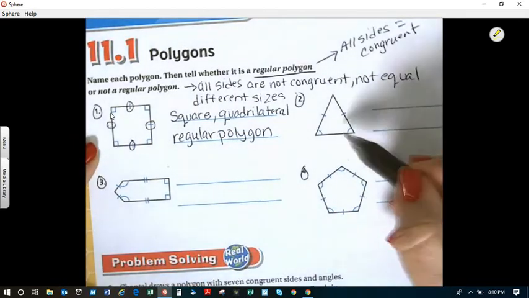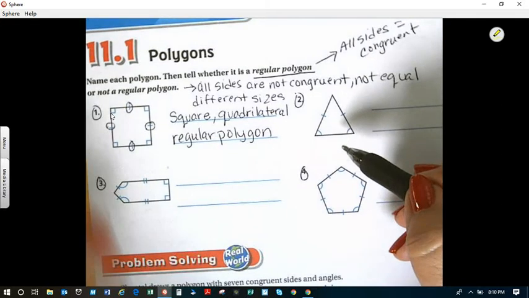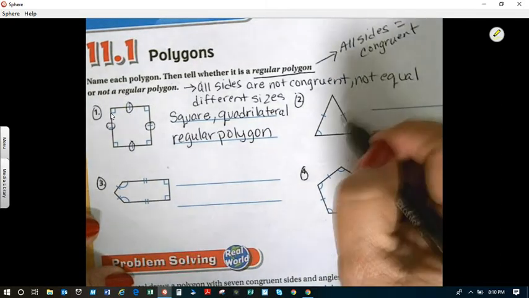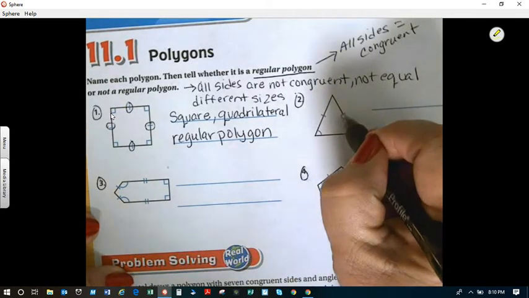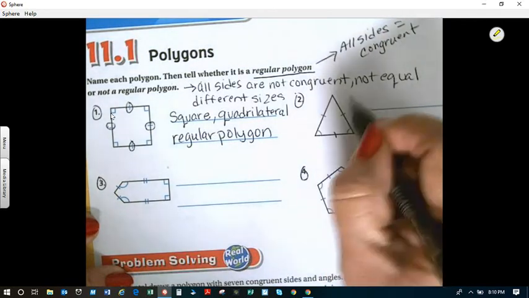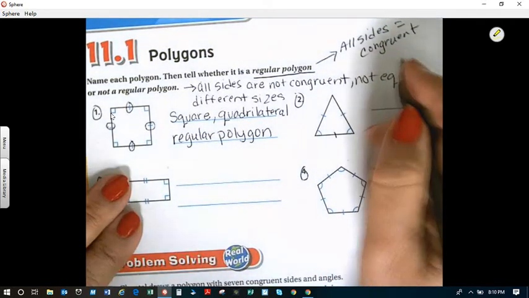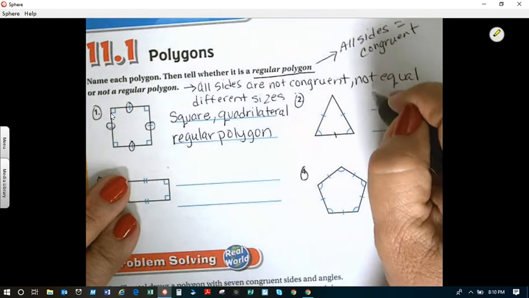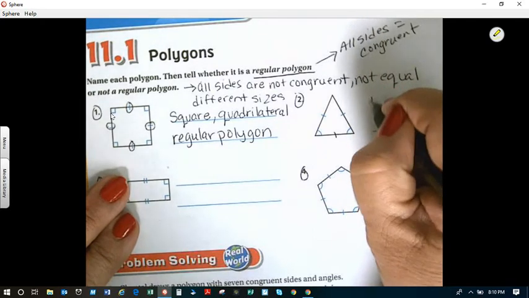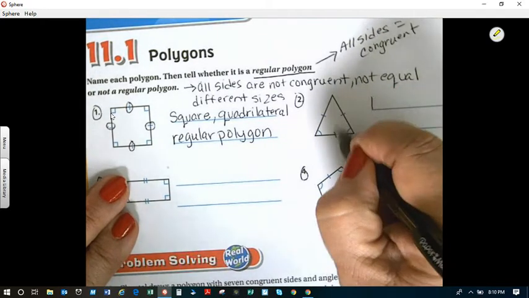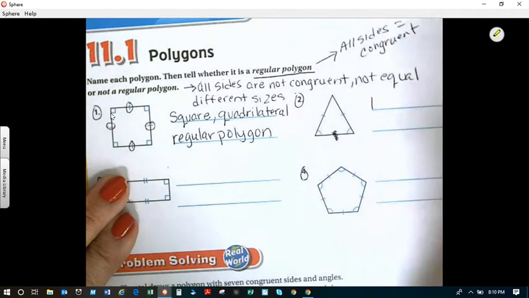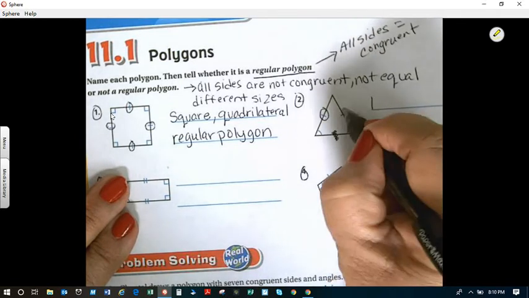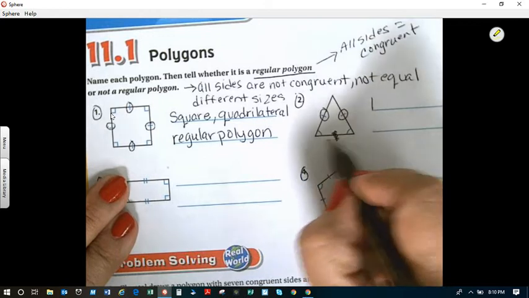All right, let's look at our triangle. I think we talked about this one here. This is an all equal sides. So this is called a triangle. And then, that's right. This side, we said that it was equal to this side, but not equal to this one.